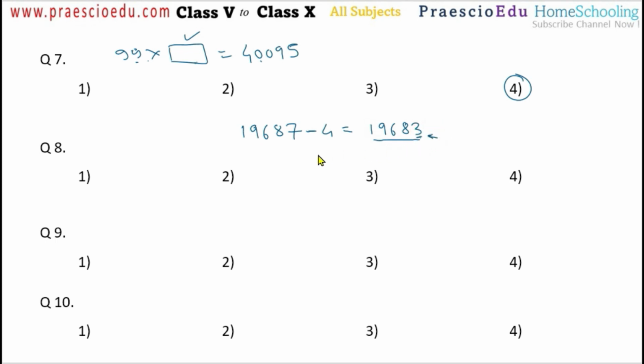Now just see the options. First option is 12, second option is 18, third option is 24, and fourth option is 27.